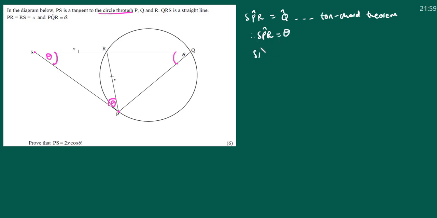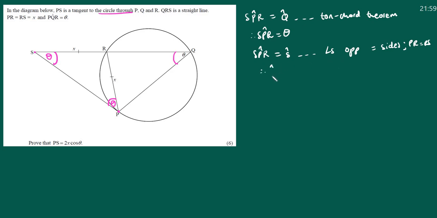Then SPR should be equal to angle S, right? Why? Angles opposite equal sides, because it was given that PR is RS. It was given, so those will be equal.